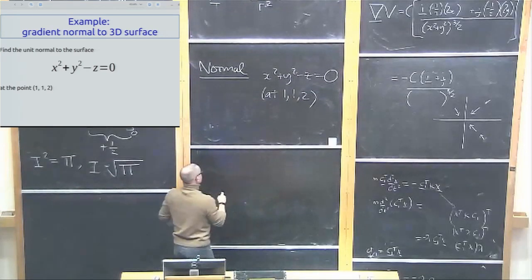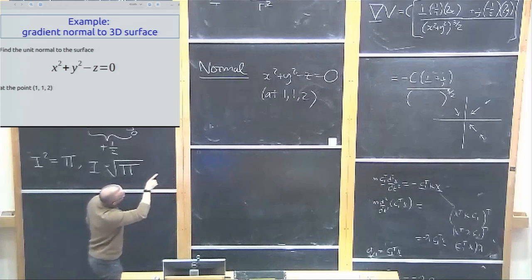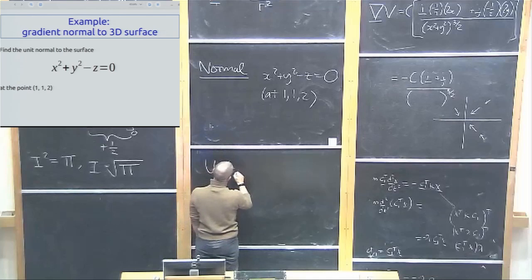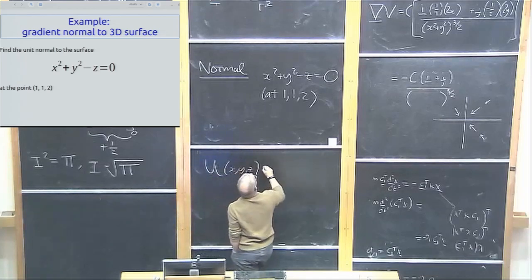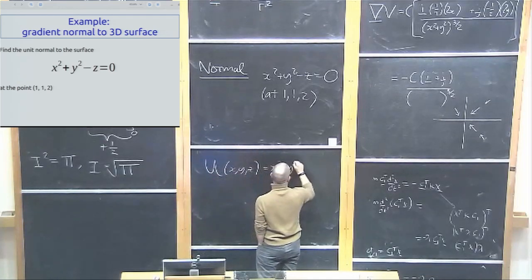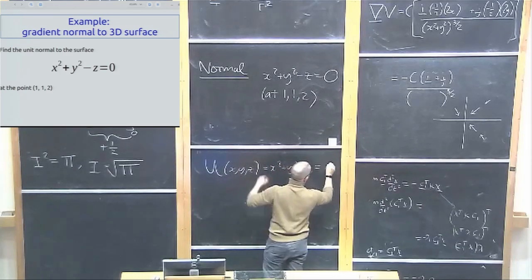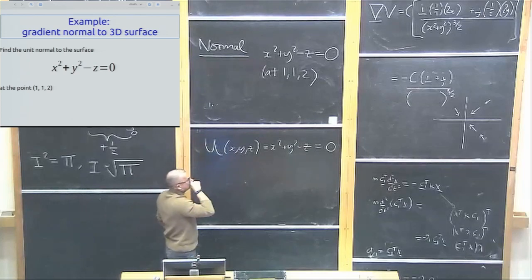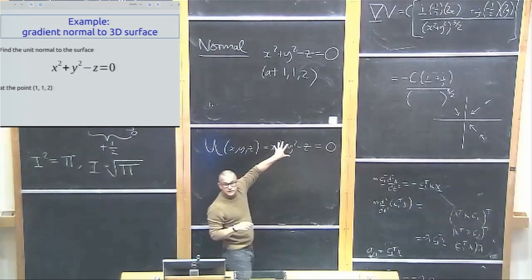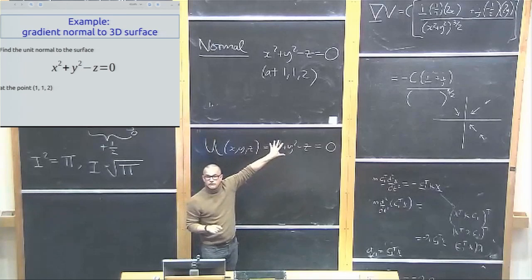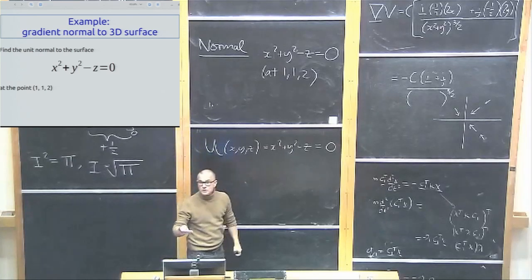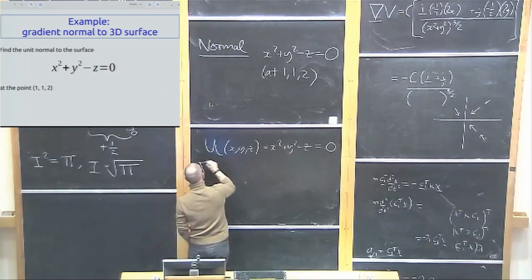That surface is just an equipotential of some three-dimensional scalar field, phi of x, y, z equals x squared plus y squared minus z, in the particular case equal to 0. So if I work out the gradient of this field, the direction of that gradient is going to be perpendicular to this equipotential, and that's going to give us the normal to the surface, which is what we want.